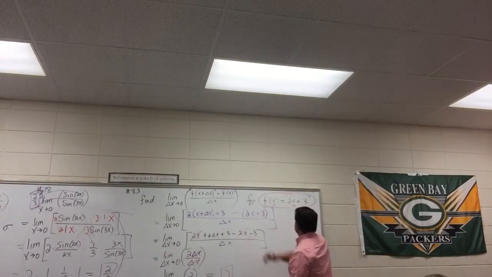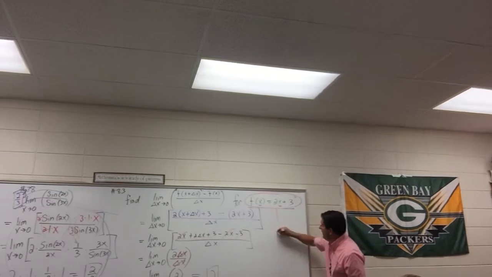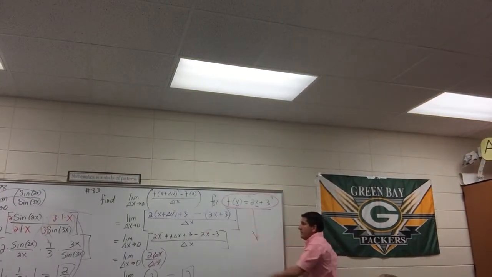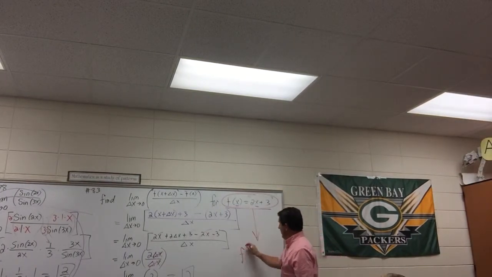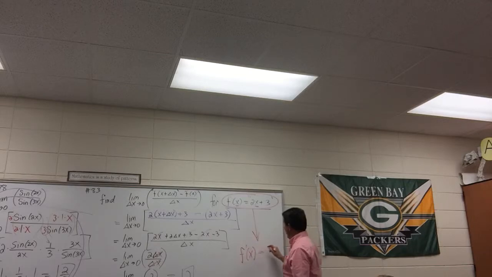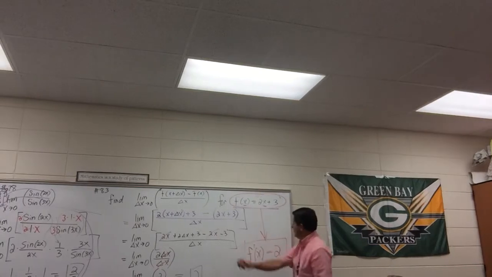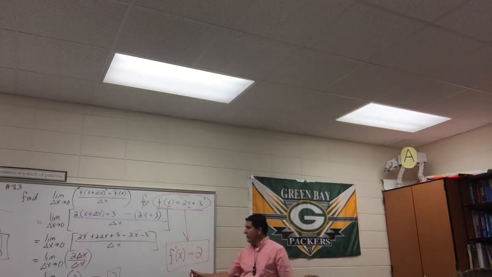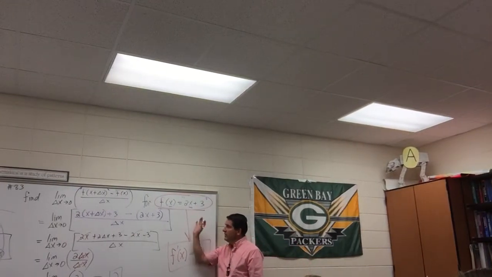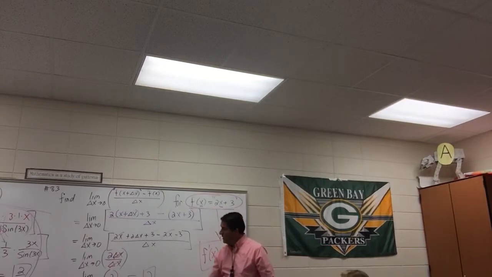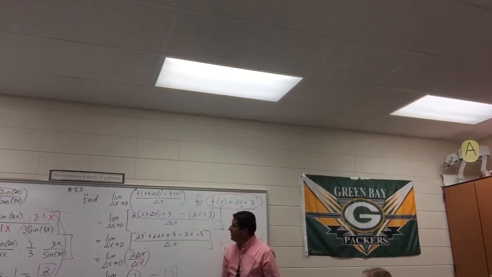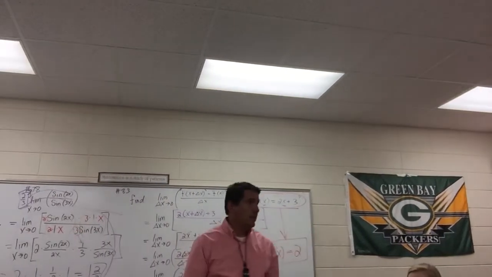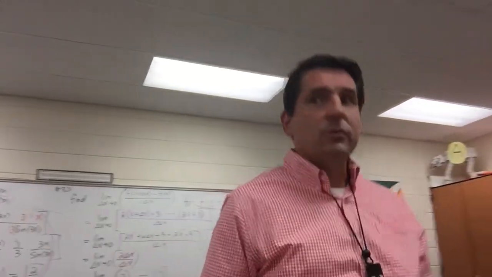If f of x is equal to 2x plus 3, then this limit is the derivative, which is called f prime of x, and it is equal to 2. The derivative is 2 if the function is this, and we're going to expand our knowledge on that more later, but this was just finding the limit. So far so good?